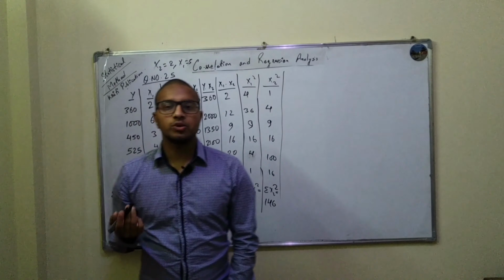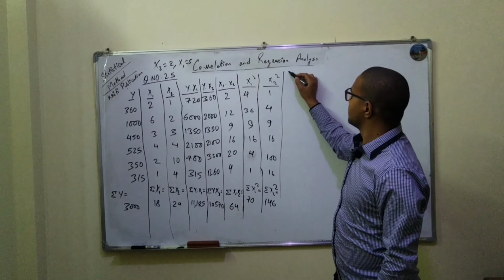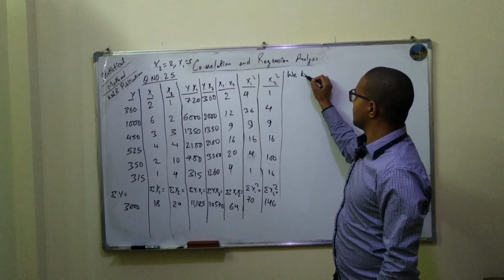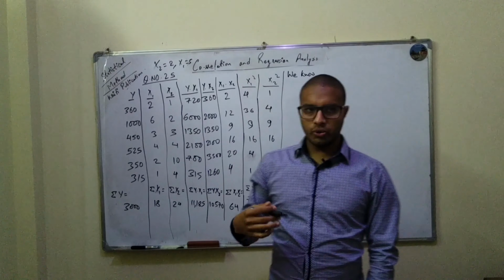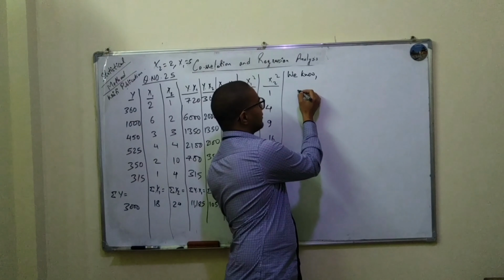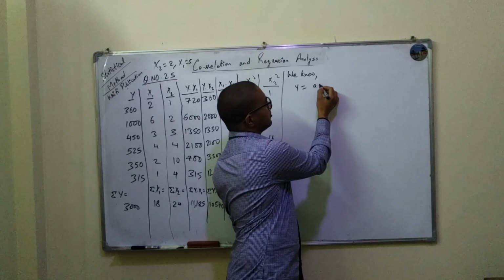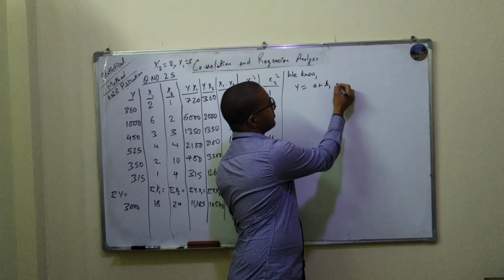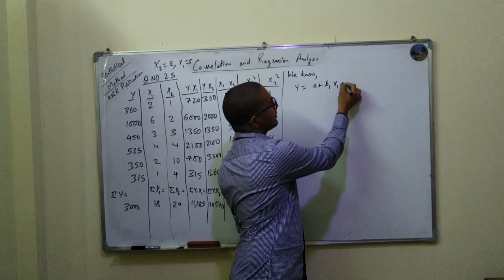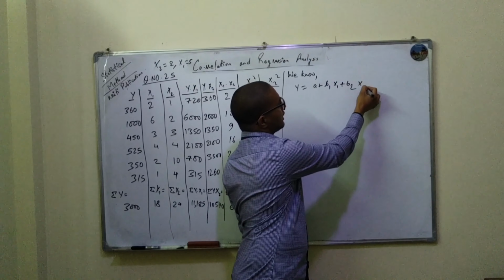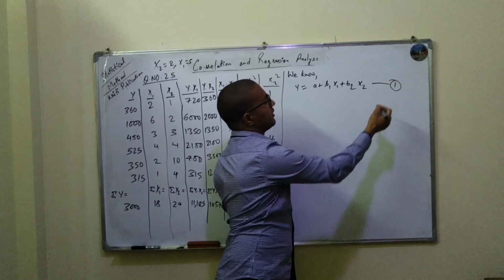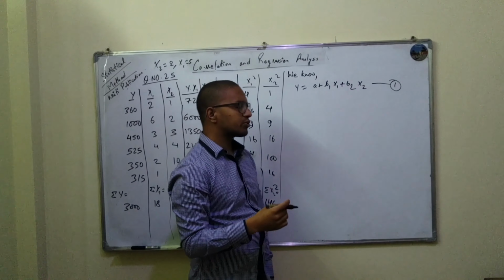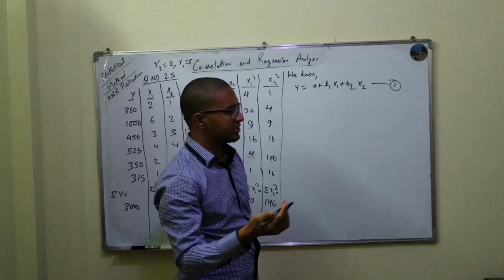So we know the equation, right? We know that y equals a plus b1 x1 plus b2 x2. This is our first equation. What we do next is multiply it by summation.